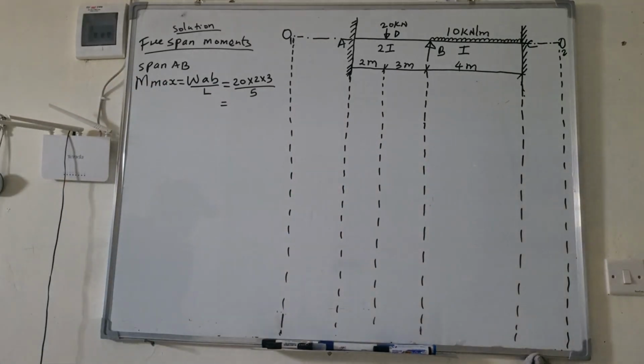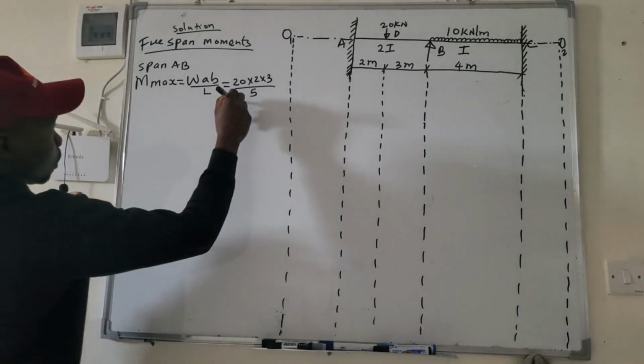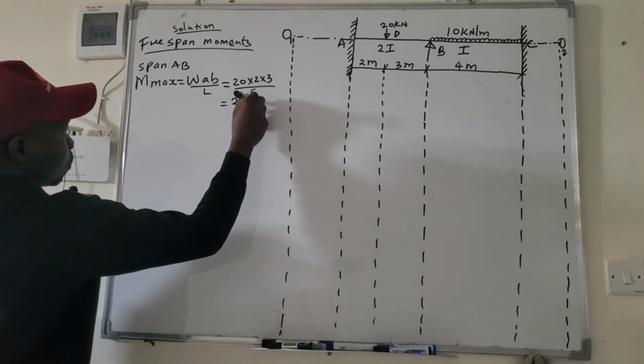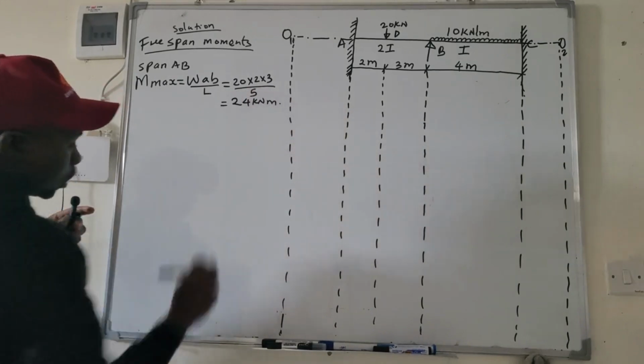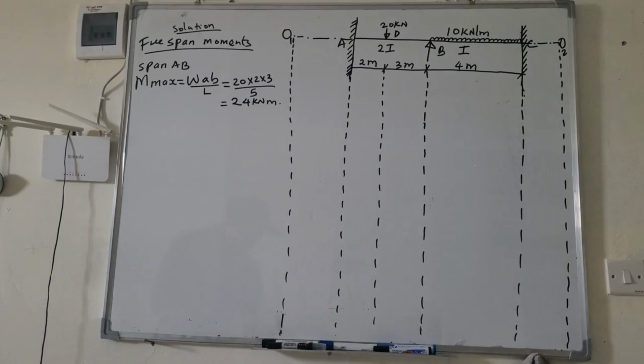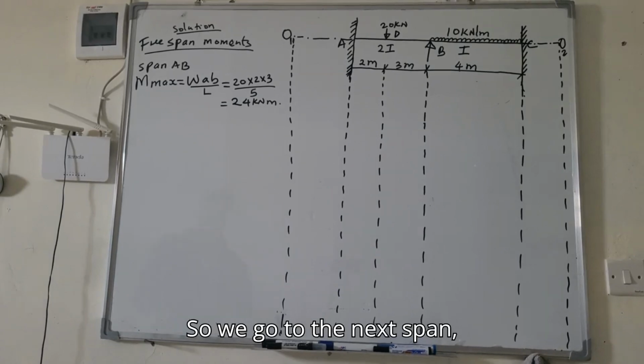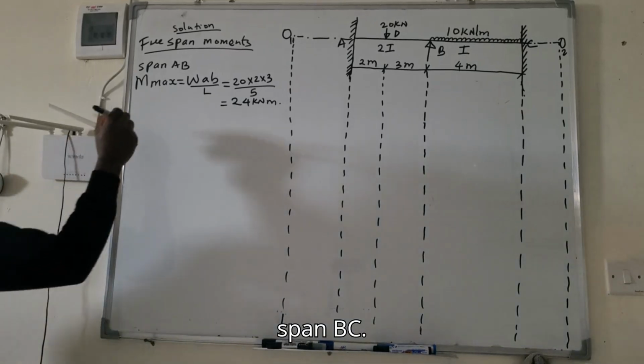It will give you 24 kilonewton meter. So we go to the next span, span BC.